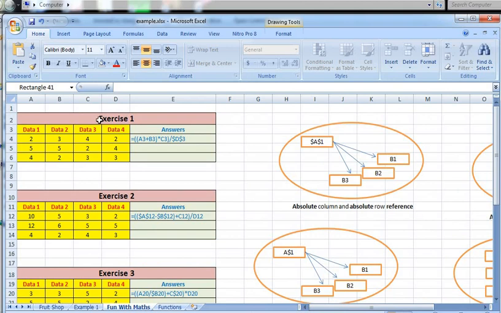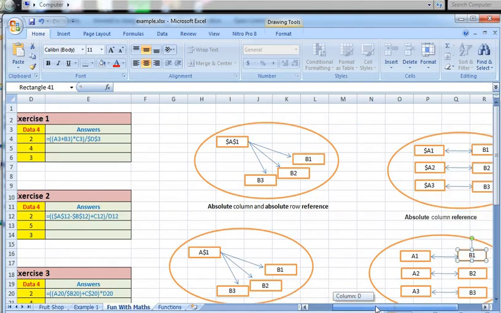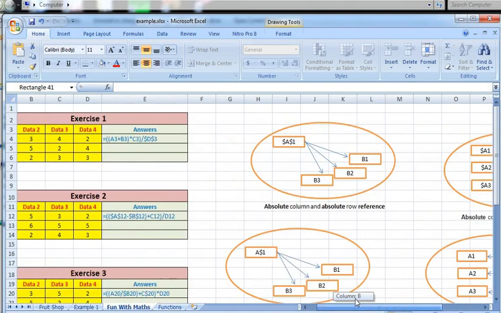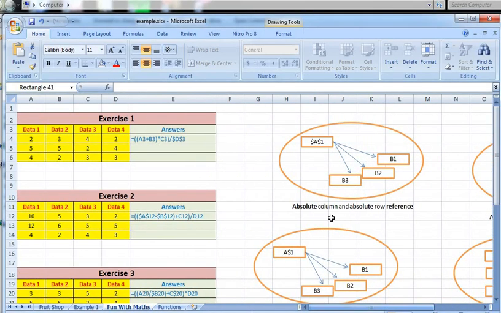Exercise number 1. I'll send you the picture if you want. Once you look into this, you will be able to identify which cell reference I am referring to. Over here, I have given you the cell reference.